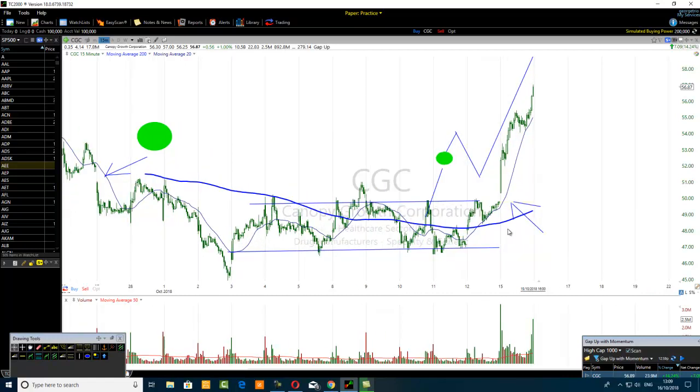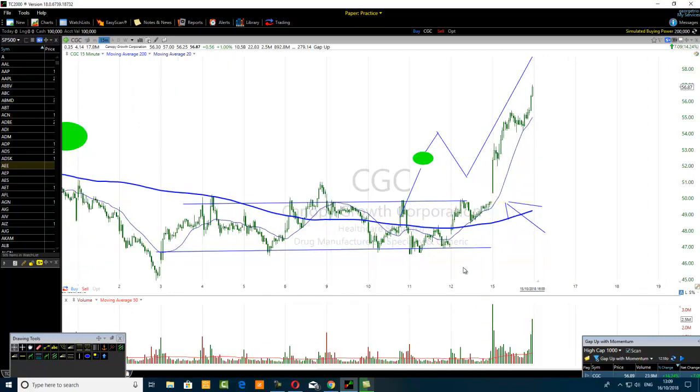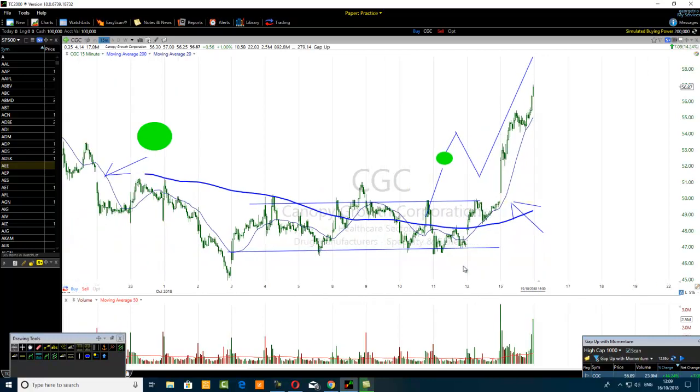The runaway gap, the first thing you want to remember, is that it is not likely to be filled. Very often it will not be filled. Sometimes it may, but very often it will not be filled. It's relating to the third Elliott wave.